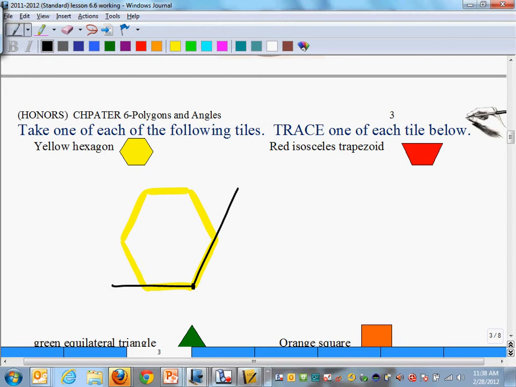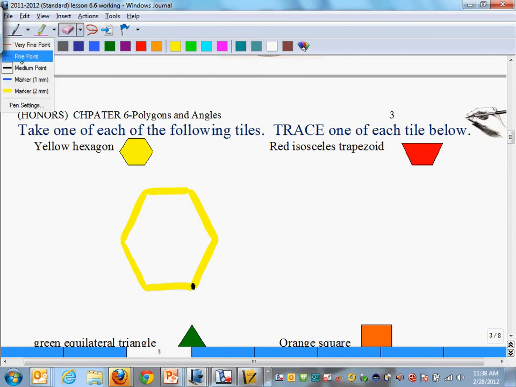All right guys, you should be almost done with your tracing because there's a part 2 here. Everybody needs a protractor in your hand, please.